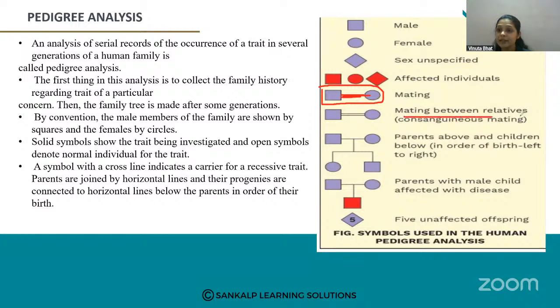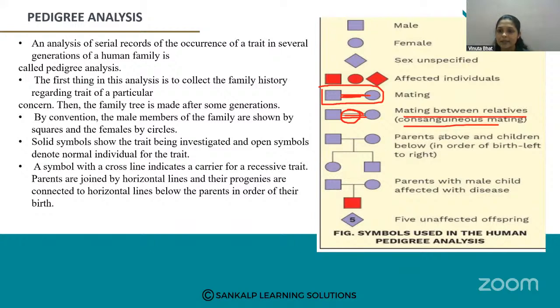Mating between relatives, that is consanguineous mating, where there is a chance of disease, is shown with a double line. Parents are above and the children below, in order of birth from left to right.